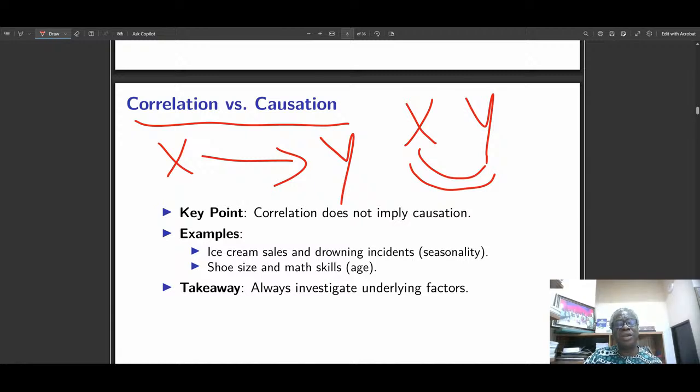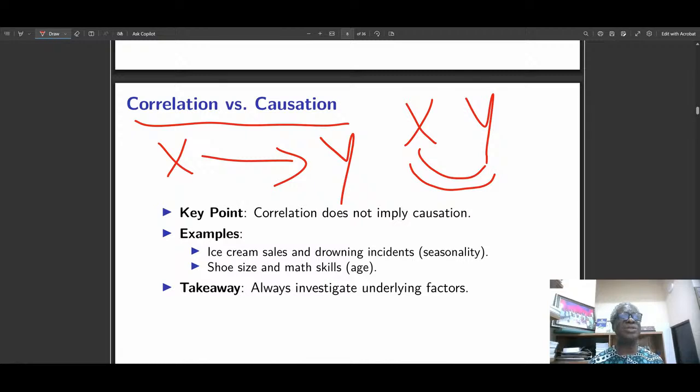So the takeaway here is that you must always learn to investigate the underlying factor before you can determine causation. You need to do more rigorous analysis before you can establish that X is causing Y or vice versa. But at this point, our concern is about correlation.